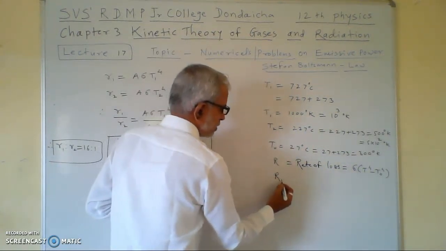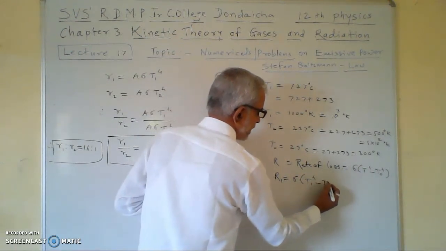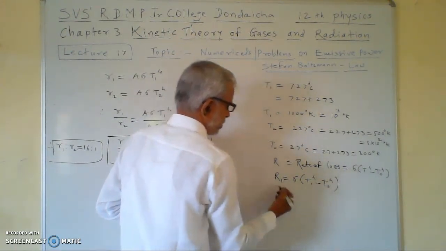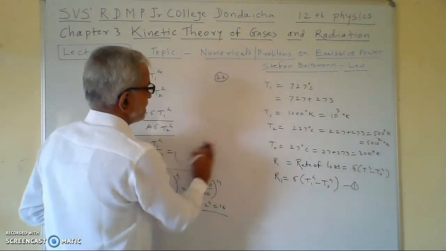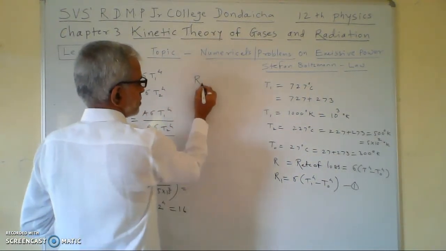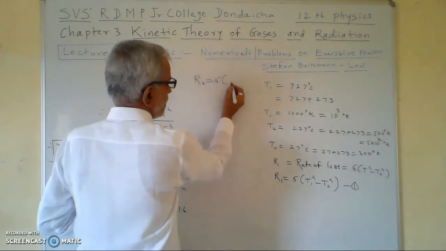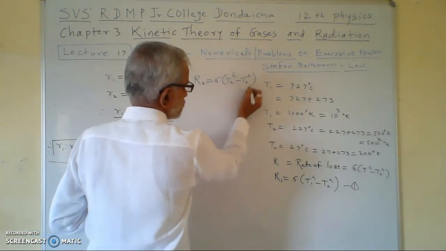Now R1 will be equal to sigma T1 raised to 4 minus T0 raised to 4. This is R1, equation 1. Then R2 equal to sigma T2 raised to 4 minus T0 raised to 4.